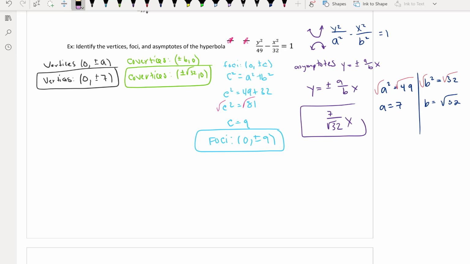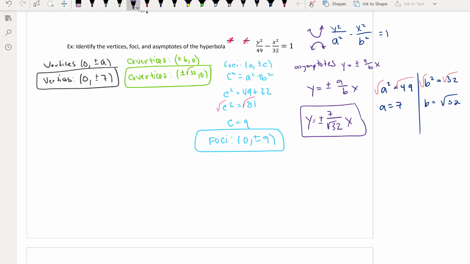So plus minus. There we go. So y is equal to plus or minus 7 over the square root of 32 x. So that is how I got the vertices, the co-vertices, the foci, and the asymptotes. Okay, so it all came down to looking at the formulas.